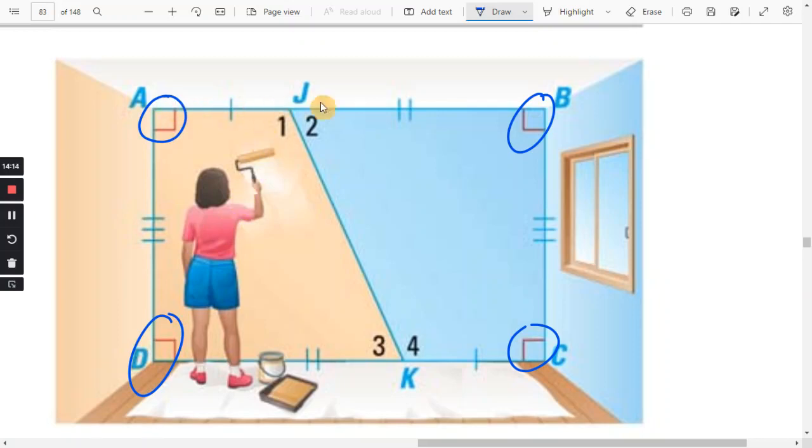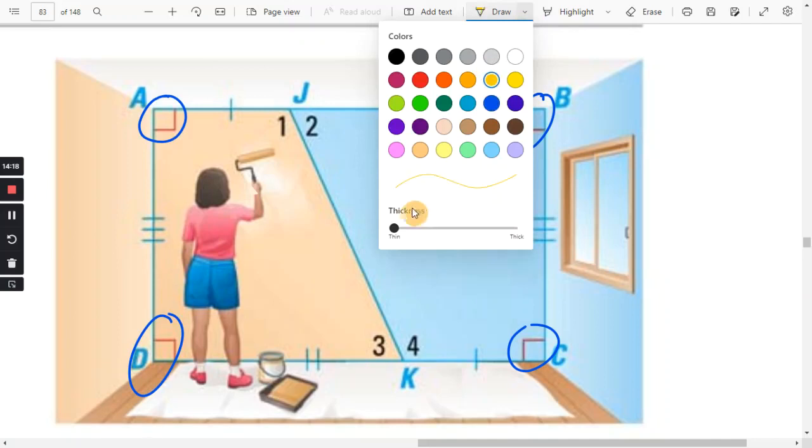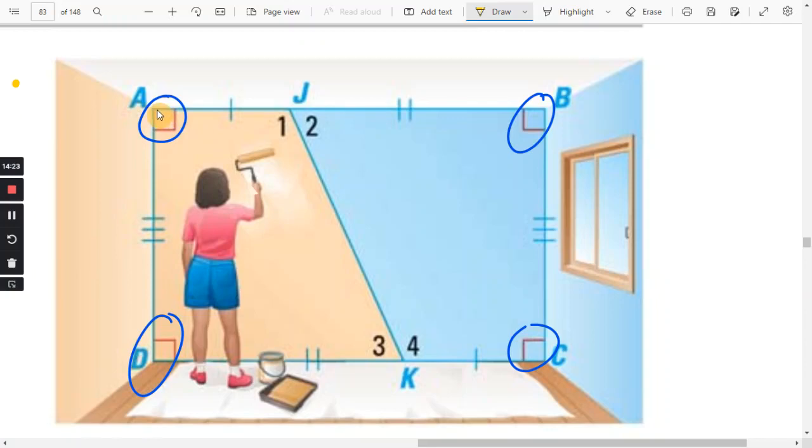So we know that the top is parallel to the bottom, and now we can just look for that Z shape, which would be alternate interior angles. If I go like this, and this, and this, the angles inside the Z are congruent. So this one here, angle 1, matches that one there, angle 4. Now let's see if I can do the Z for angles 2 and 3, and that would be the last angle.